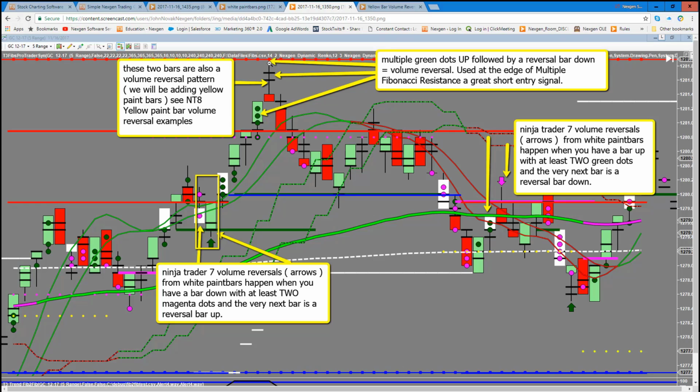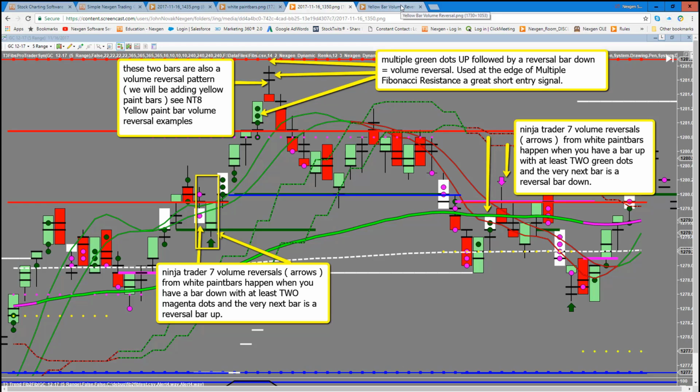And then as we reach the edge of Fibonacci resistance, we have an antenna bar, which takes us back down again. And as we pull back into Fibonacci resistance, with all of our trigger lines going down, you'll see we have a white paint bar up, but it's not really a long signal. It's the next bar down that will end up being a short signal for us.